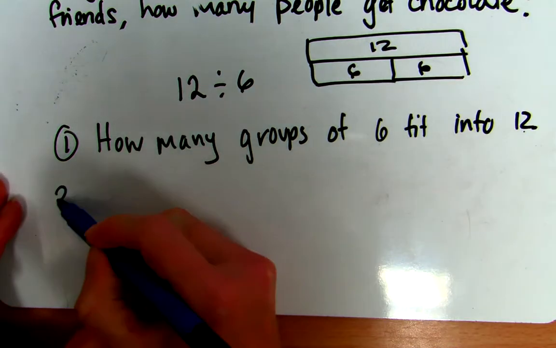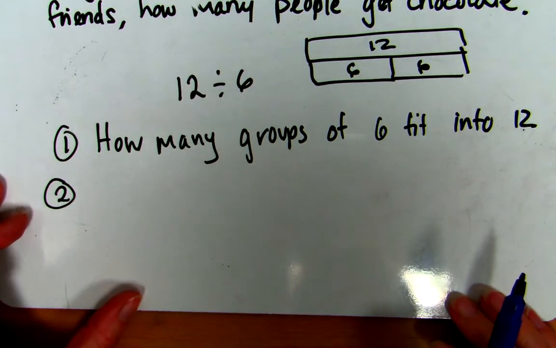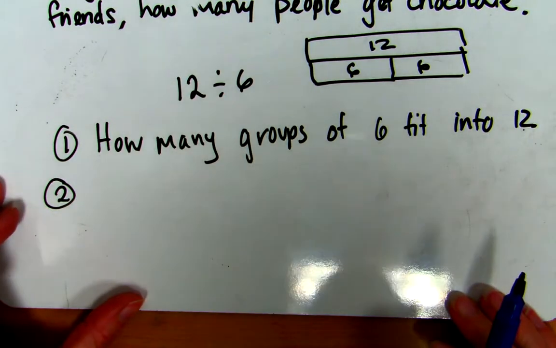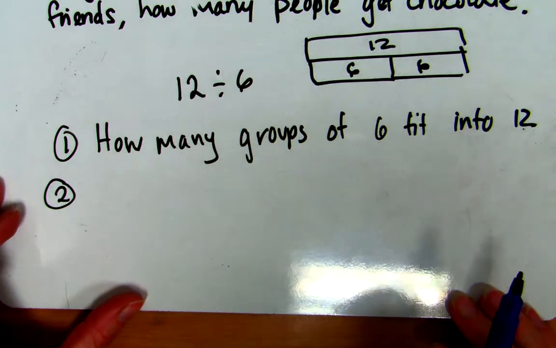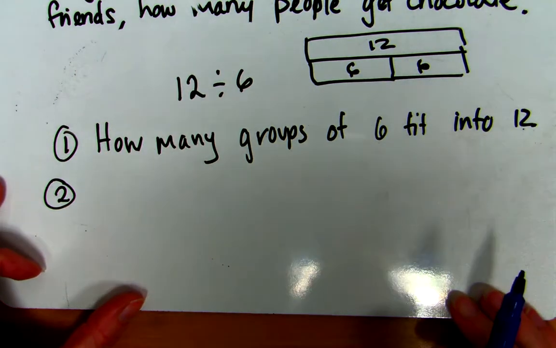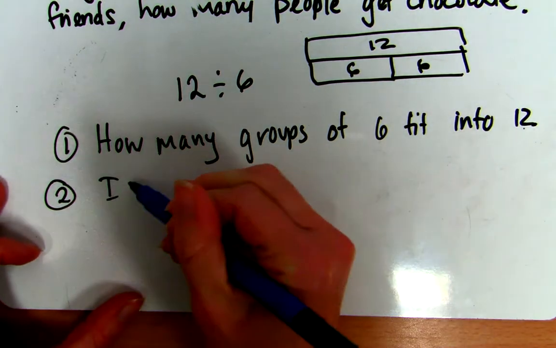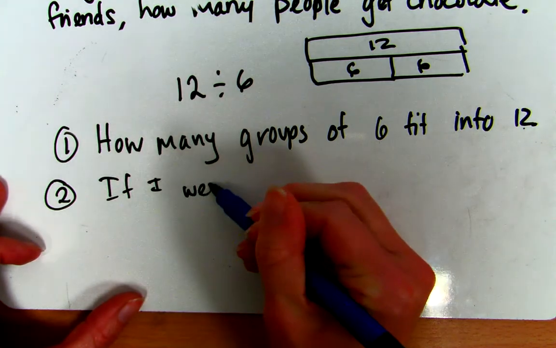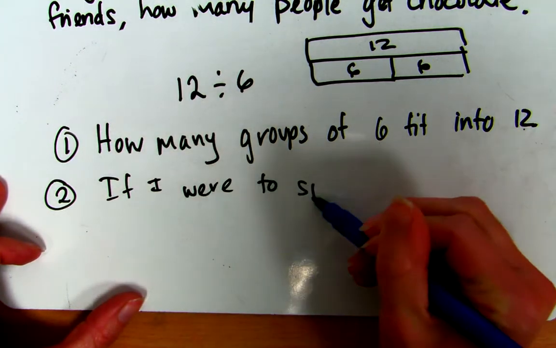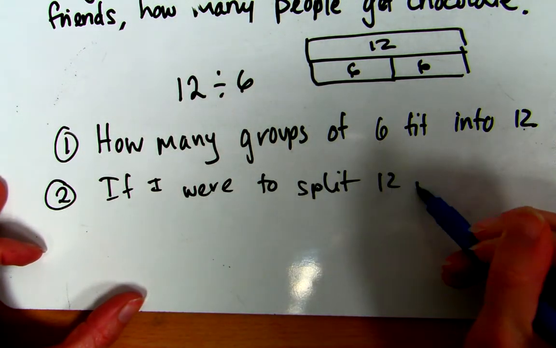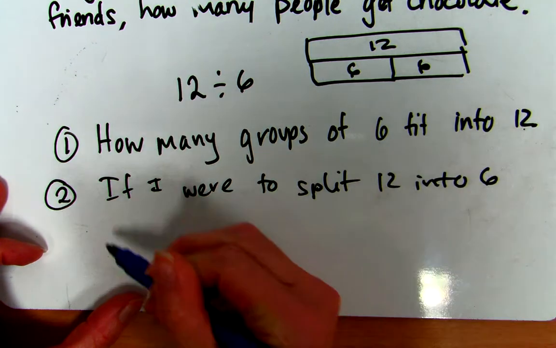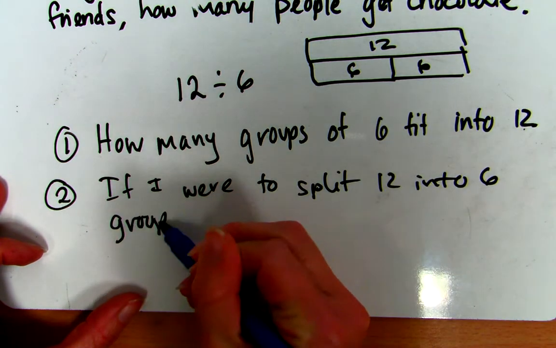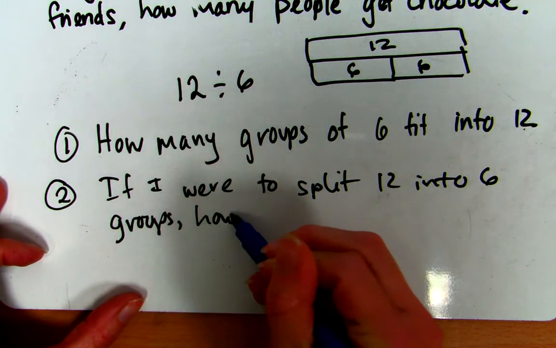The second way to think about division is like this: if I were to split 12 into 6 groups, how much would be in each group?